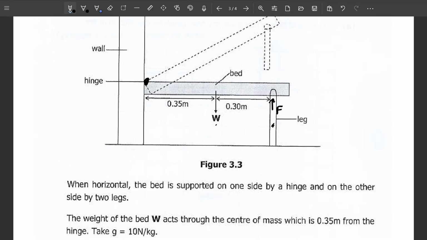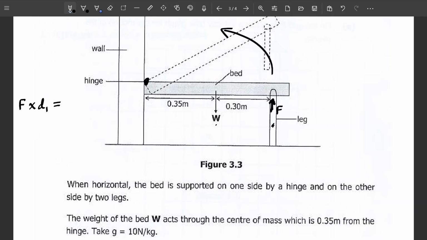So we can say our force, for instance, times the distance of this force from the pivot, I will say distance 1, is equal to, because there are 2 moments, this force upward causes an anticlockwise moment, but we have this force which is the weight, pointing downward.